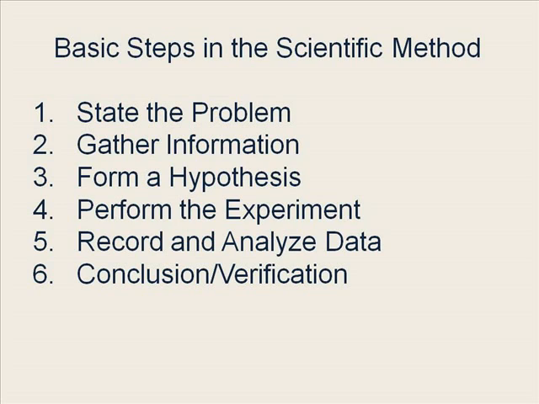Number 5, while the experiment is going on, we are going to collect, record, and analyze data. And then finally, for number 6, we are going to reach a conclusion or solution, and then we are going to verify whether or not our results are valid or true. In this note taker, we will be looking at each one of these steps a little more closely.